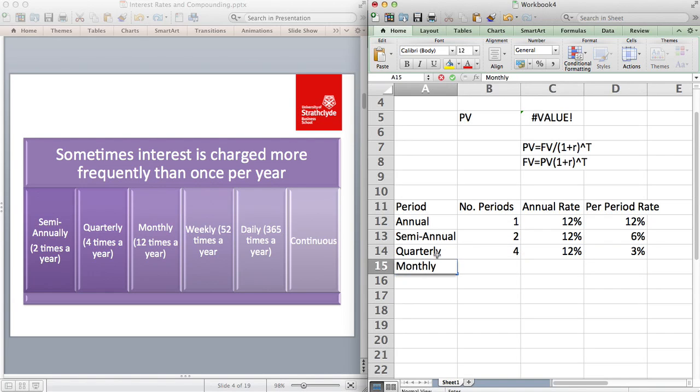Monthly, 12 periods, annual rate 12%, per period rate 1%.